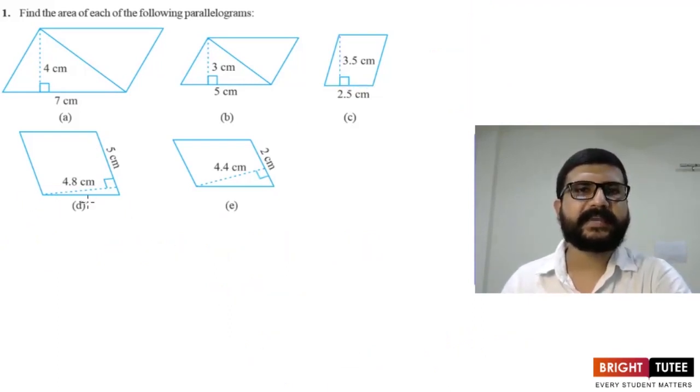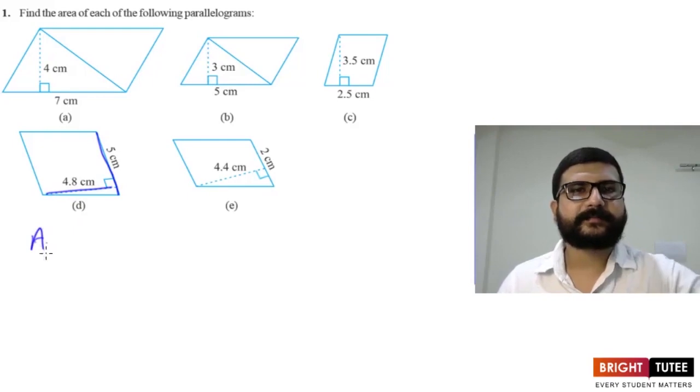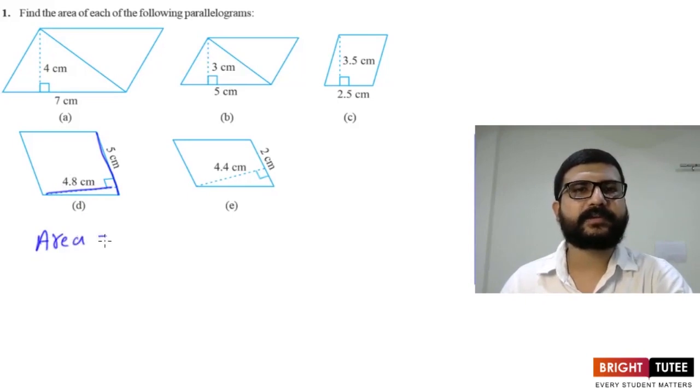Now let's see the D part of the question. Here also a parallelogram is given and we have to find its area. So let's take this side as a base this time, and the height will be 4.8 centimeters. So the area of the parallelogram will be equal to base into height. Here the base is 5 centimeters and the height is 4.8 centimeters.